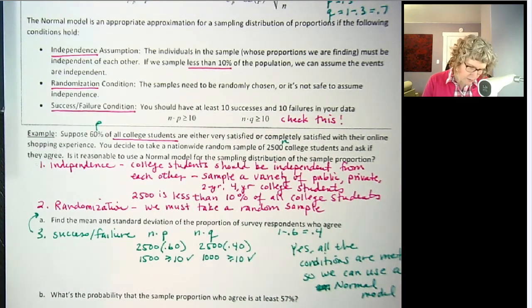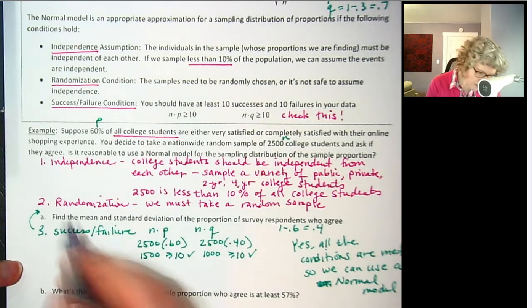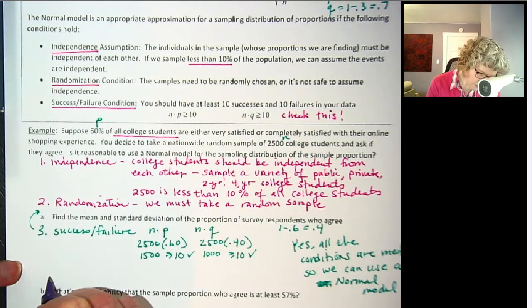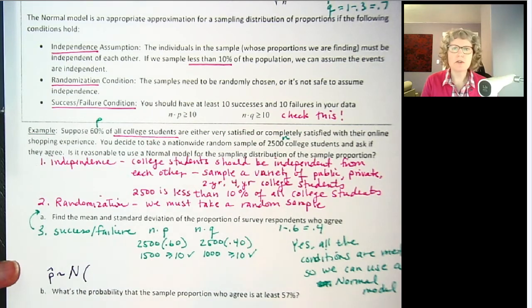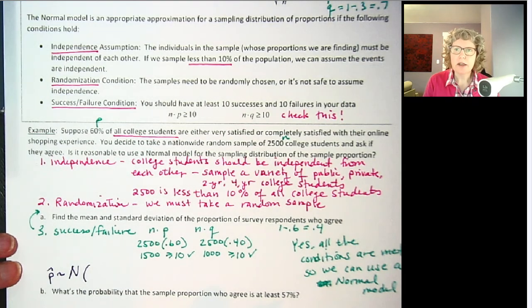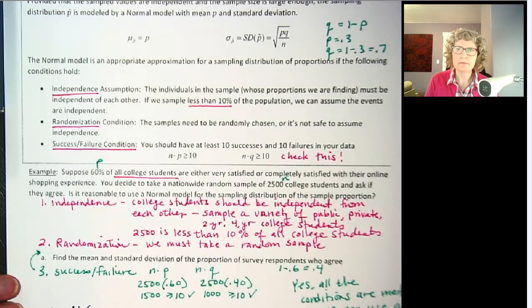Okay, so now it says find the mean and standard deviation. I'm going to go ahead and define it also. So I'm going to do p hat is distributed as normal, because our conditions are met. And then we're going to use our formulas.